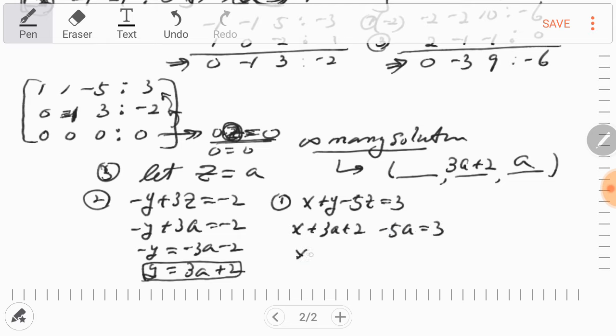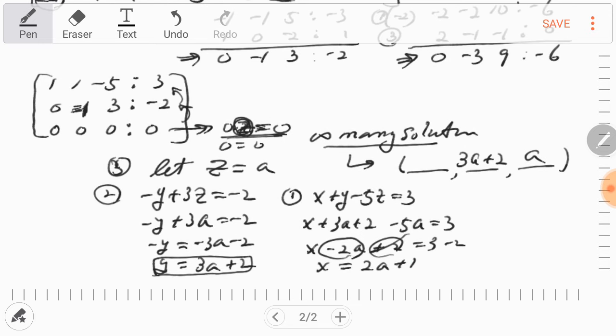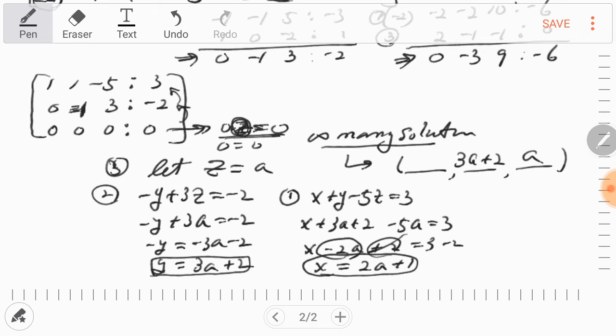Combine like terms: x minus 2a plus 2 equals 3. Then move negative 2a to the other side, and minus 2 on each side, then plus 1. So 2a plus 1 is the expression for the x value.